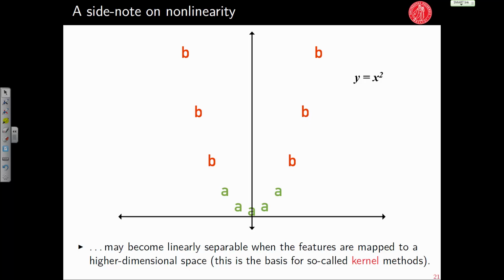Kernel methods are used in machine learning where you can map data points to higher dimensional spaces and make them linearly separable, and then use linear classification methods. Not part of the course, but it's a very powerful trick to be aware of.